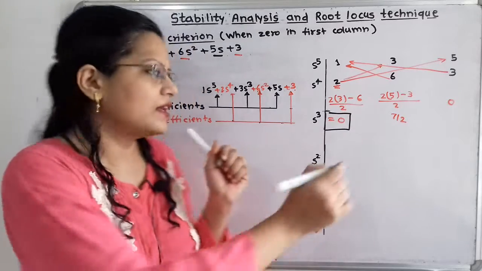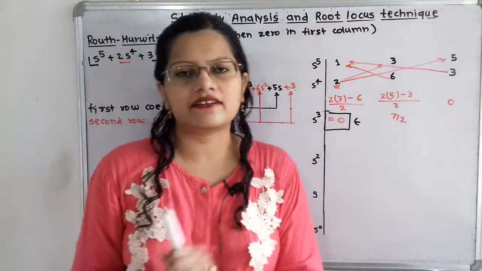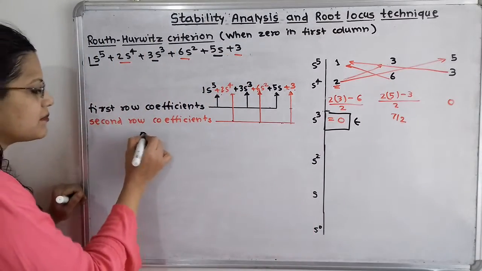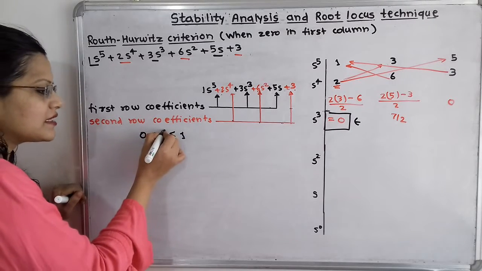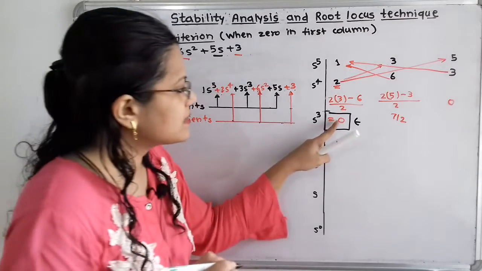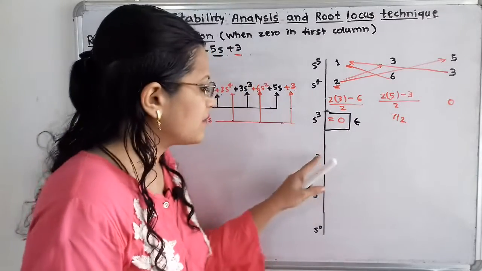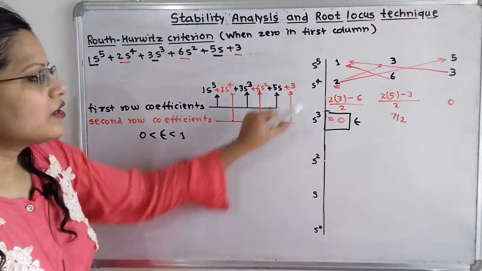Epsilon is a very small number, slightly greater than 0, so 0 is less than epsilon is less than 1. When we take epsilon instead of 0, we calculate the next row again. So I will rearrange the two rows.